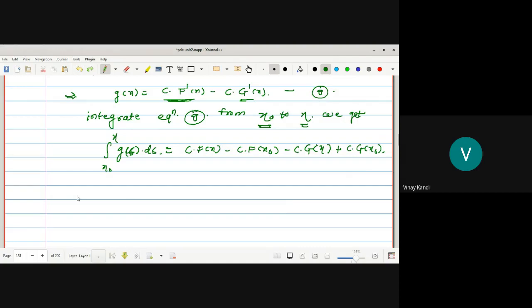Now taking c common, after simplification we get 1 upon c into the integral from x naught to x of g of s ds is equal to f of x minus g of x minus capital F of x naught plus capital G of x naught.